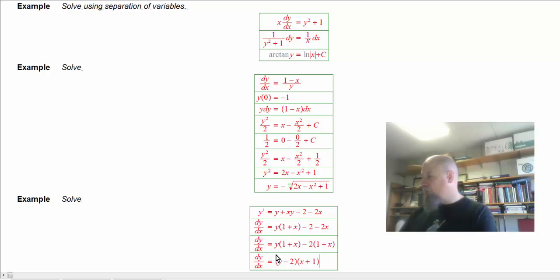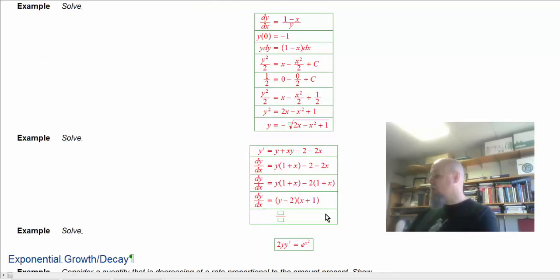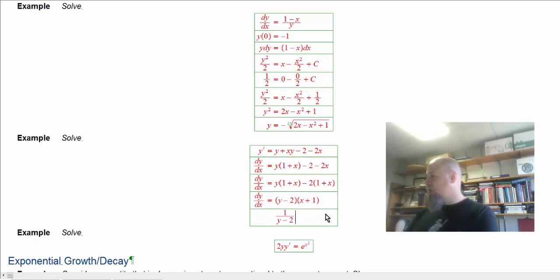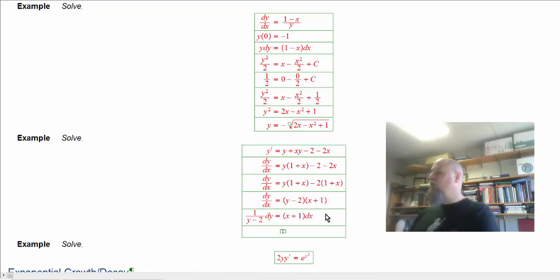So I can write y prime, or dy dx, as some function of y times some function of x. Now I see it's separable. I can multiply up my dx, divide out the y minus 2 bracket, and now I'm set.